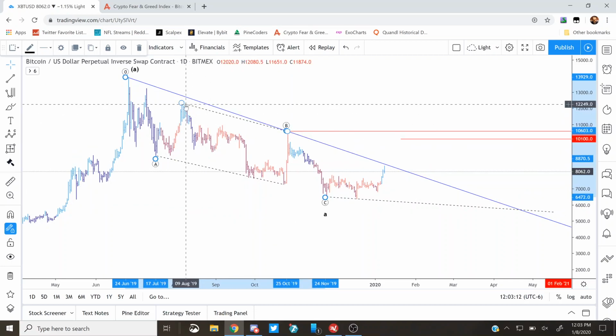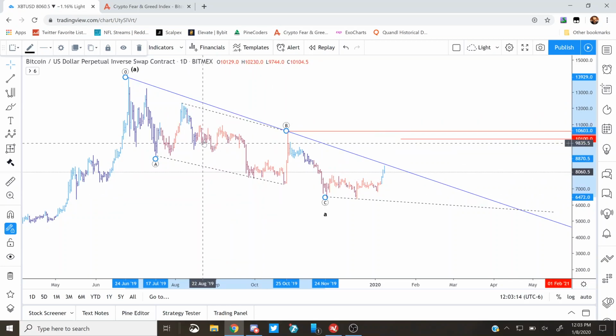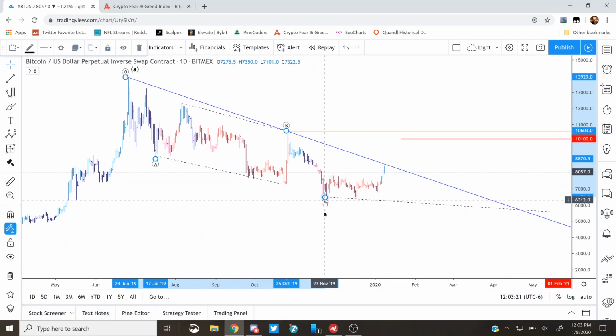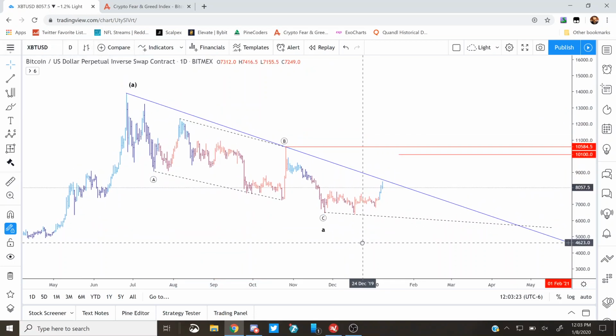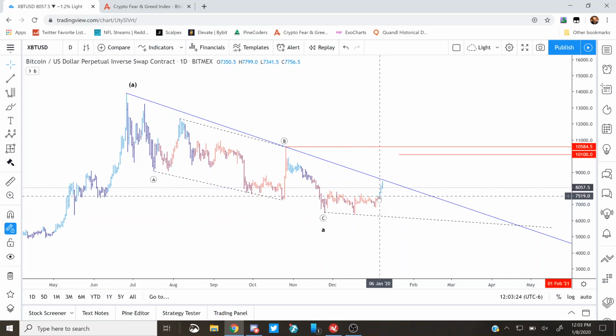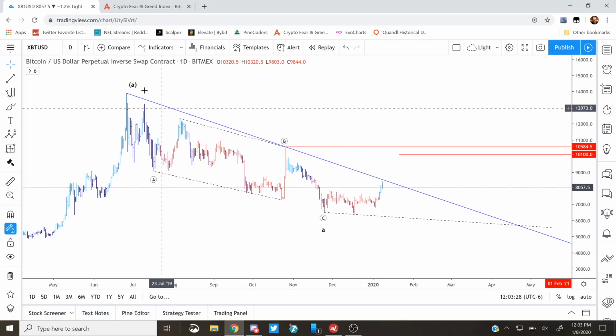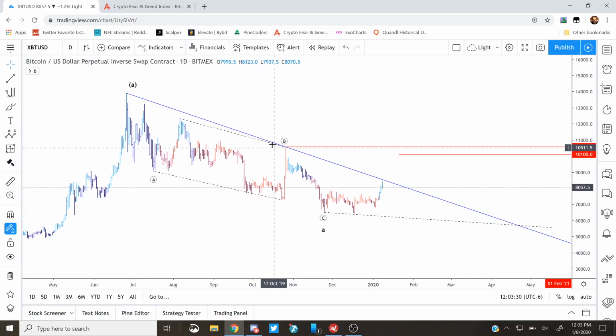Notice how, because it was downsloping, we stayed red for most of the subwave B. We flipped to red again for the C wave. Once this flips blue, that confirms 3 waves of corrective move complete.